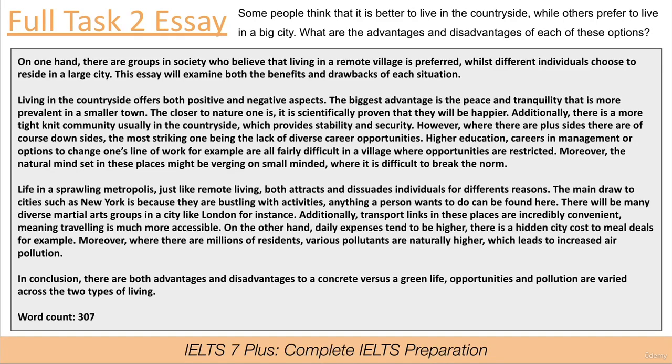It can be quite intimidating. And this is how I would approach this type of question. So we've got each of our options, and then we've talked both about the advantages and disadvantages there. So hopefully you've been following along at home, and this looks like a good structure to you.